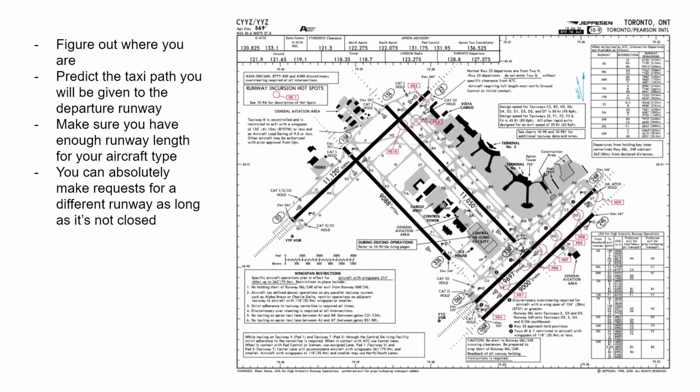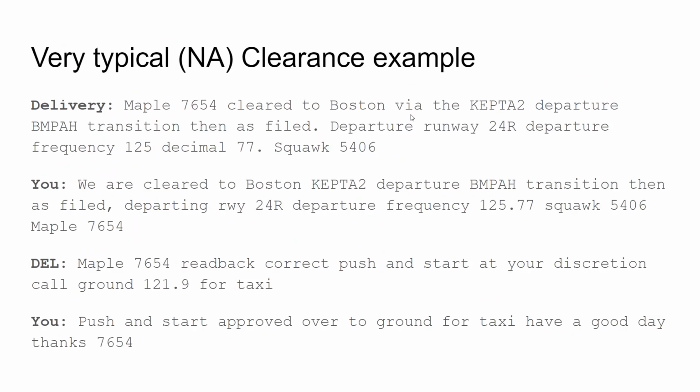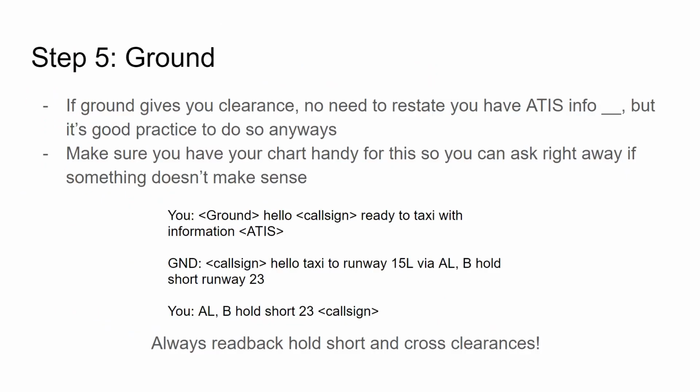You should always make sure that you have clearance to cross it. In this case, they said hold short runway 23, in which case you stop here and wait for further instruction. So that's just an example there. And you read it back: Alpha Lima Bravo, hold short 23, Maple 7654. And then you're clear to start moving.